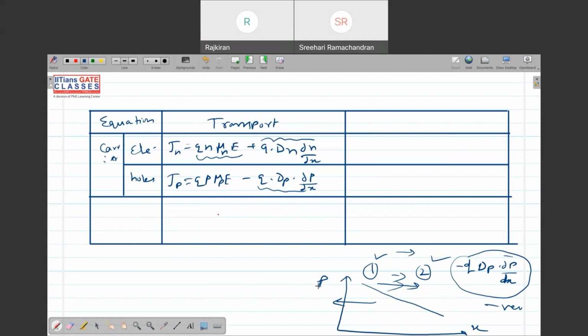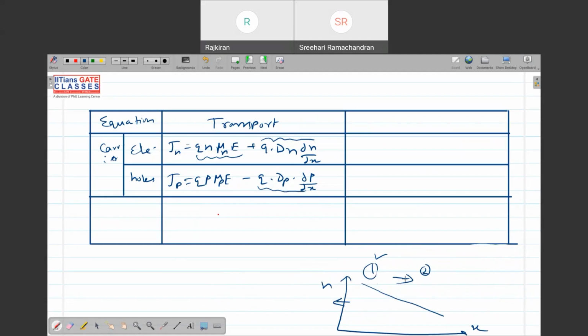Suppose this had been electrons. Now analyze 1 and 2; this is electron. Electrons will flow from 1 to 2, like this.